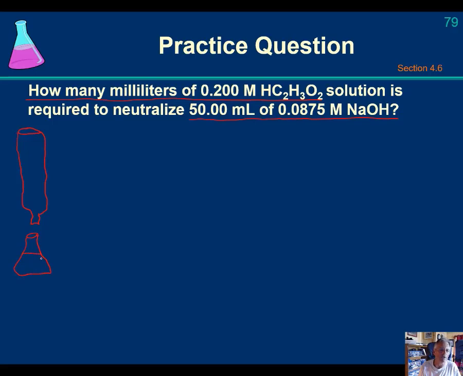Down here in the Erlenmeyer flask, you have 50 milliliters of NaOH, and we even know in this particular case that the concentration of the NaOH is 0.0875 molar. And we're asking a little bit of a strange question.